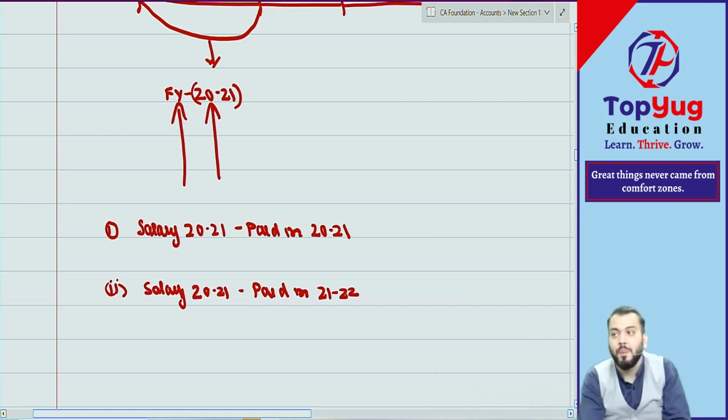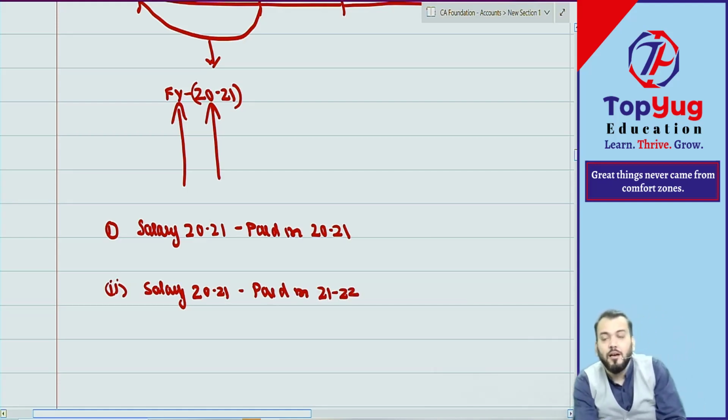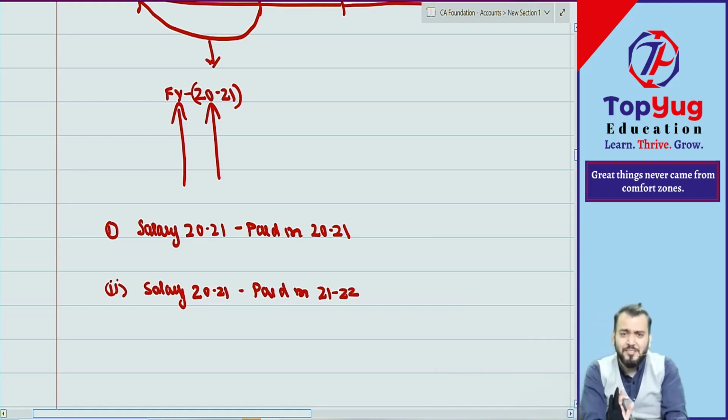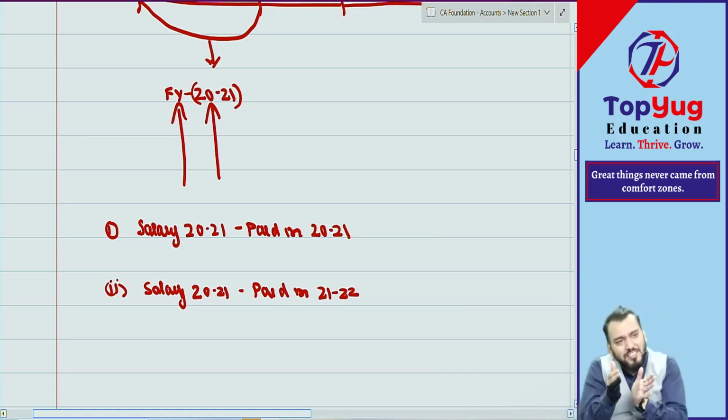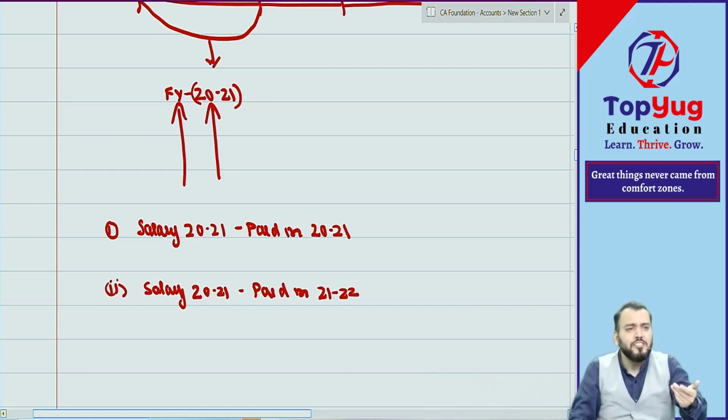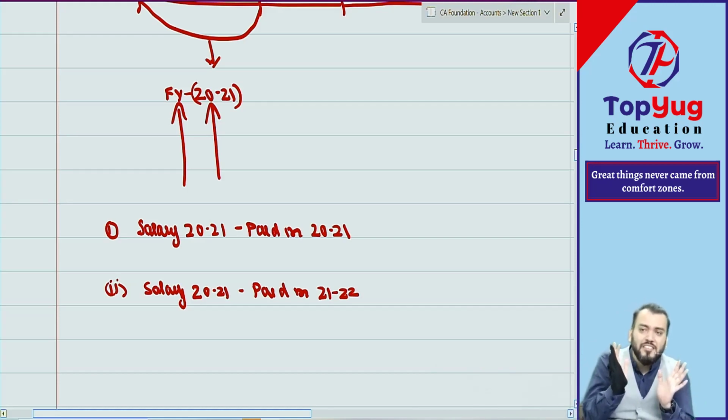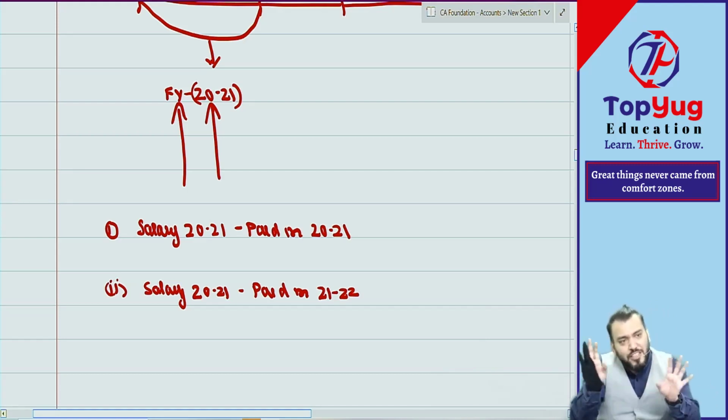Quite possible? Why not possible? Like what I am saying, salary of 2021 paid in this year only. Possible or not? Salary of this year, I have not paid in this year. I have paid in next year. What is wrong in this? It is a transaction. Transaction is possible or not? Everything is possible. Transaction is possible.